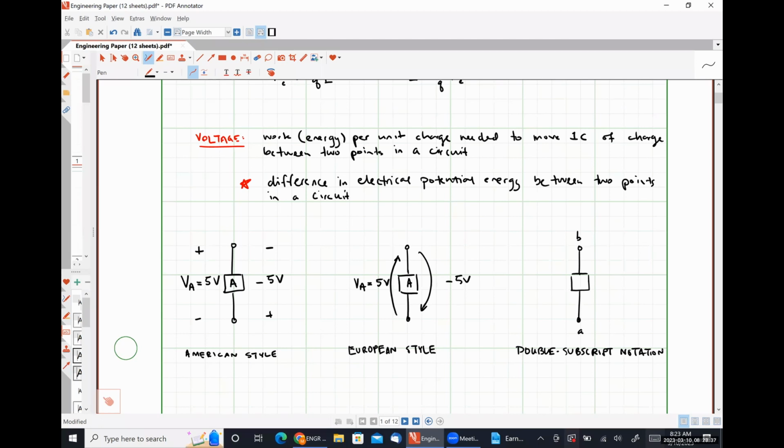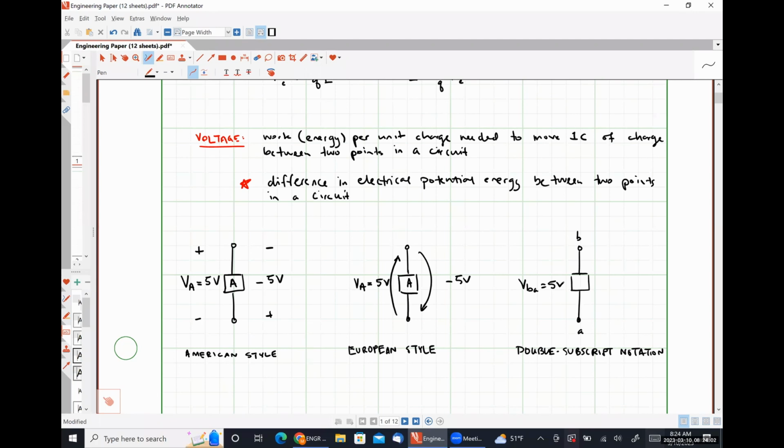Okay. So for this particular setup, I would have a mathematical statement like VBA is equal to 5 volts, where the first letter in the subscript corresponds to the positive polarity terminal, and the second letter in the subscript corresponds to the negative polarity terminal.